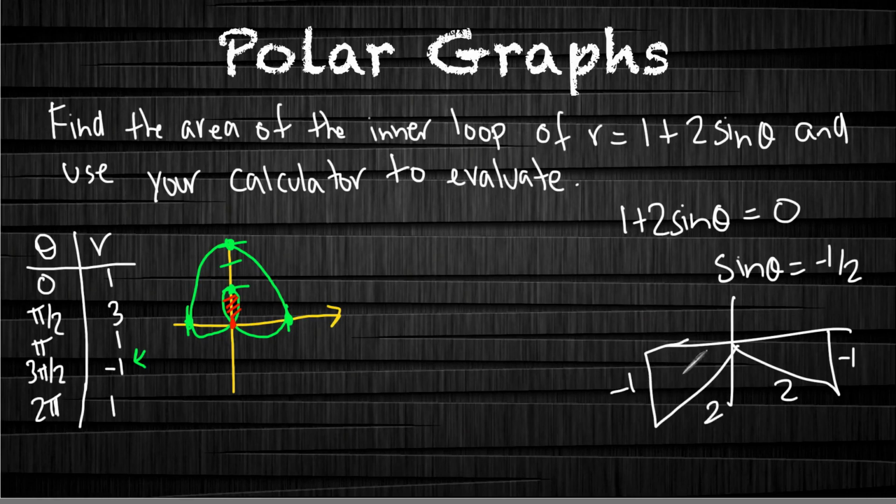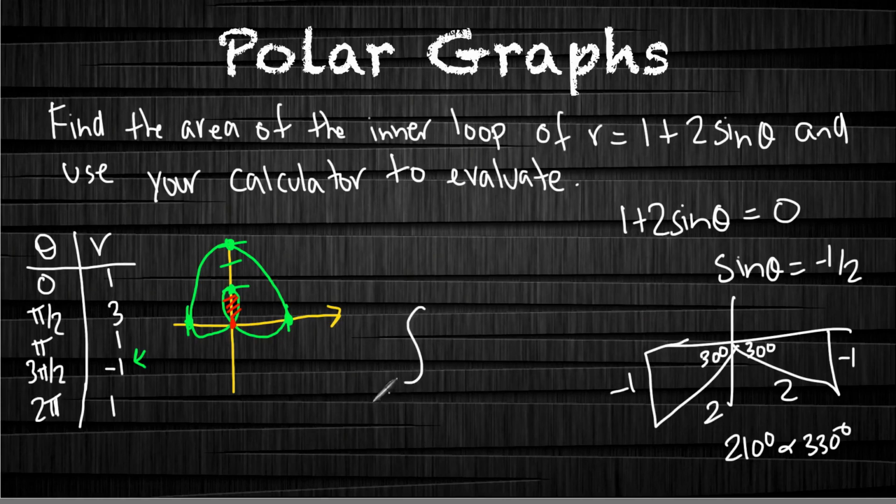We know that in a 30, 60, 90 degree triangle, the 1 is always across from 30. So our angles are going to be 210 and 330, which in radians is 7 pi over 6 and 11 pi over 6.